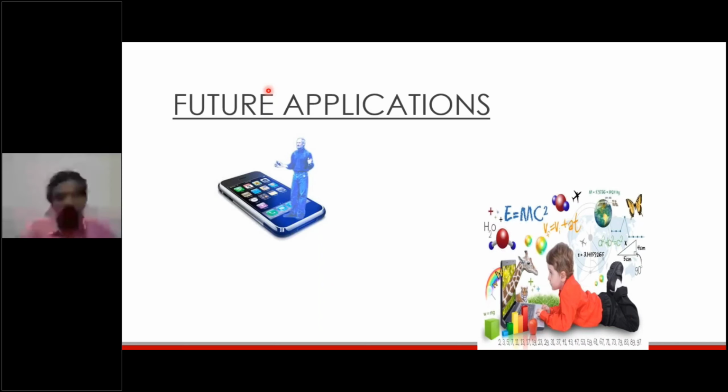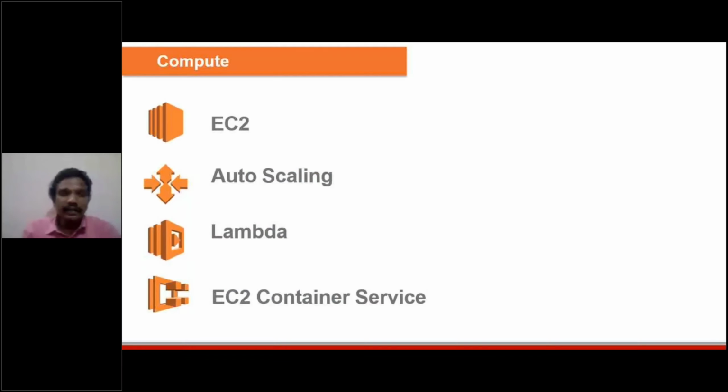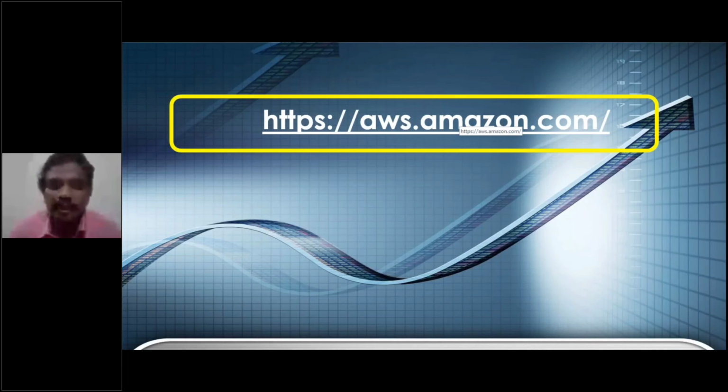So now we are entering the demo on AWS cloud. AWS is an excellent service provider for cloud computing services. The first and foremost service is called EC2. Just open aws.amazon.com.